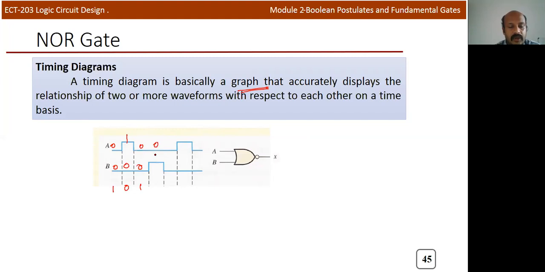Here it is 0 and 1, so output will be 0. Again it's 0 0, so output is 1. Again it's 1 0, output is 0. Here it is 0 0, output will be 1. Graphically you can draw like this: high low high low. So this is a graphical representation of NOR gate operation.